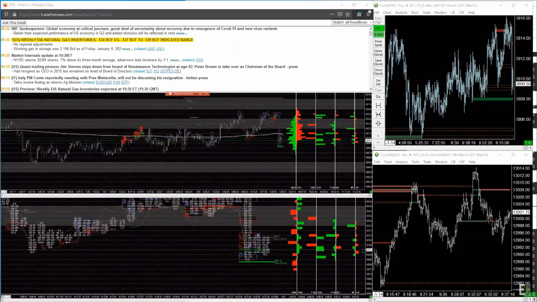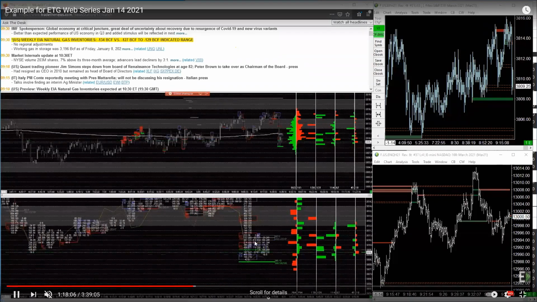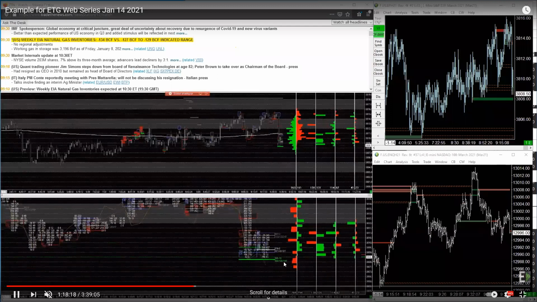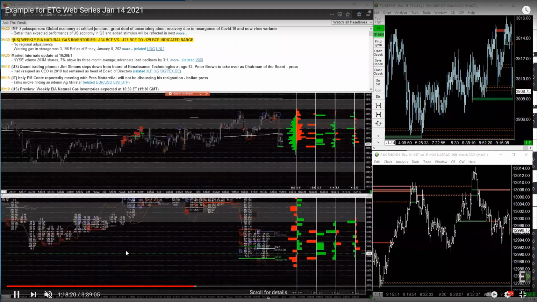Watch what happens as the market rotates up right here. The big buyer gets stuck, starts heading back south, and is going to try to attack this big order. He's done 500. Look what happened. See that white line that came in? Let me pause it.